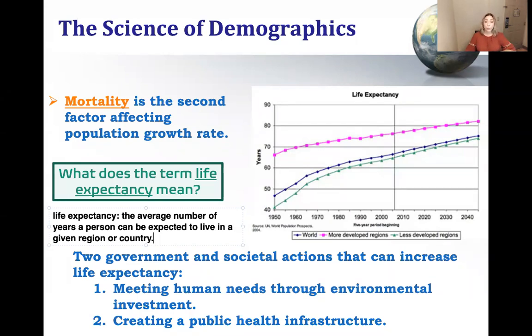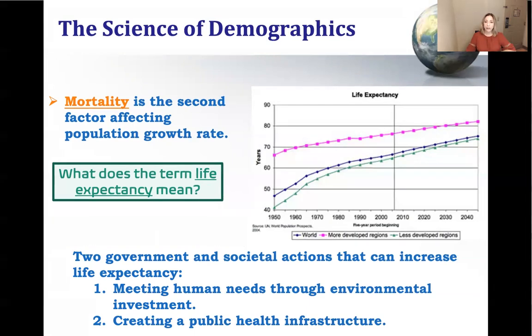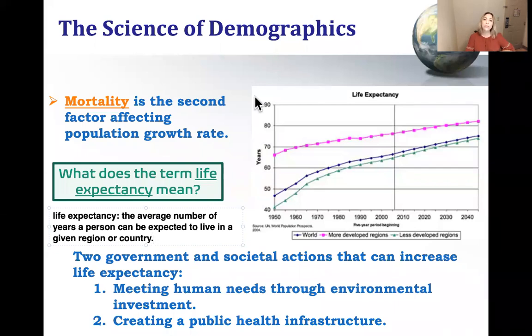Now, what I want you to notice here is that life expectancy is increasing all over the world, right? People are living longer. Now, there's still a huge gap between life expectancy in developed countries like the US and many countries in Europe and in developing countries like India or Mexico.